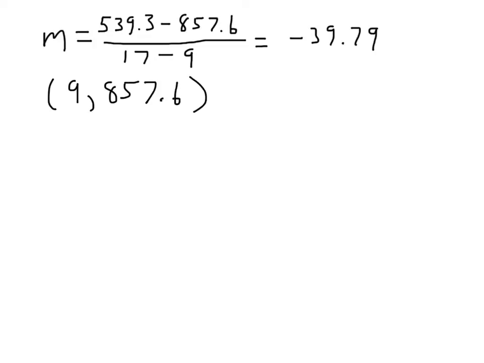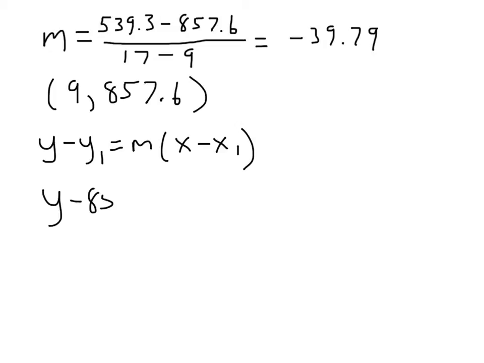Now we can use point slope form, which remember is y minus y1 equals m times the quantity x minus x1. And if we substitute the values in for m and x1 and y1, we end up with y minus 857.6 equals negative 39.79 times x minus 9.